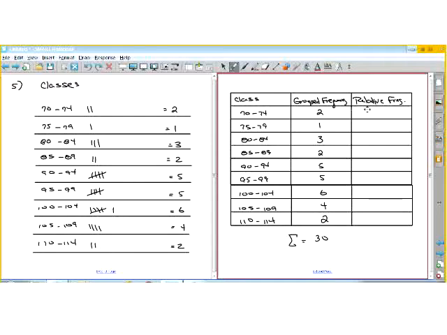So now you can do the fractions. Again, they're going to be 2/30. You take this number divided by that number. I'm just going to put the answers down. The first one is 2 divided by 30, which is 0.066. This is 0.033. This is 3 divided by 30, which is 0.1.